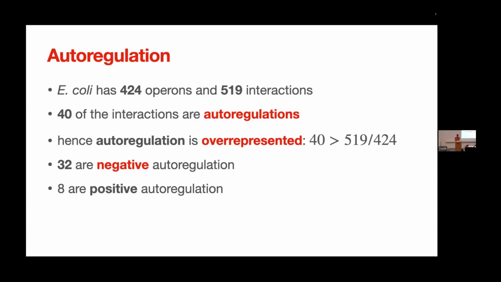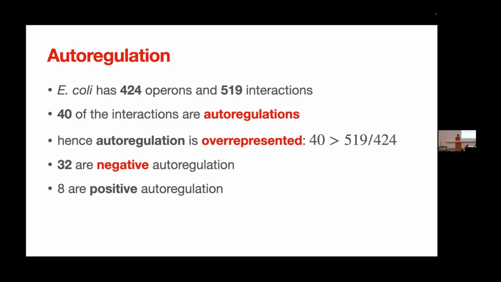Maybe the count is off by a few, as there's not a complete consensus, but let's say it's 424 operons, things that can be turned on or off, and 519 interactions. And it turns out that 40 of them are auto-regulations. So regulating yourself, a direct feedback loop on yourself.